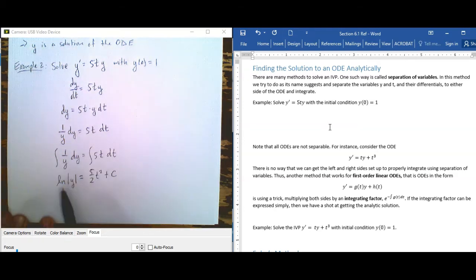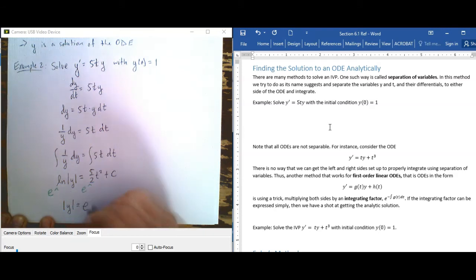Note that all of the solutions to this differential equation will have this kind of form. We can do one more thing: exponentiate both sides, which cancels our natural log, so we have absolute y equal to e to the 5 halves t squared plus c.